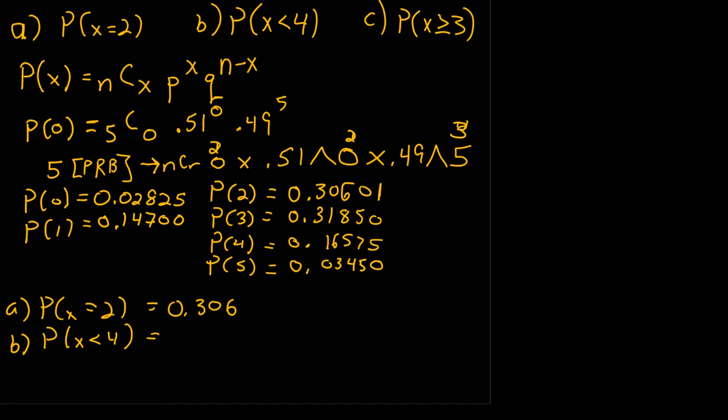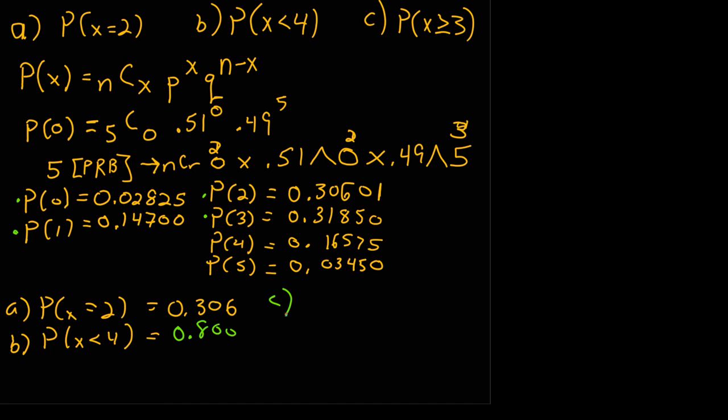I'm adding these because these are all the probabilities that are less than 4. They want 3 decimal places, so I get 0.79976, or 0.800.